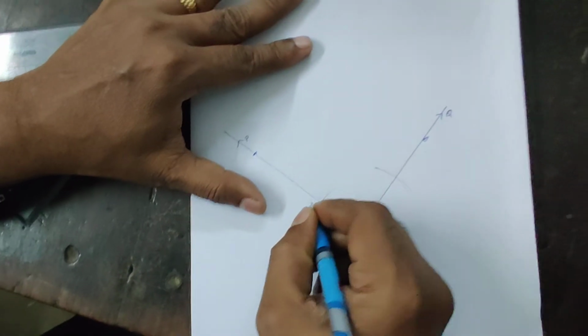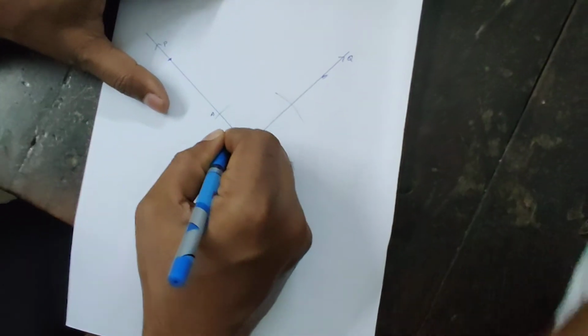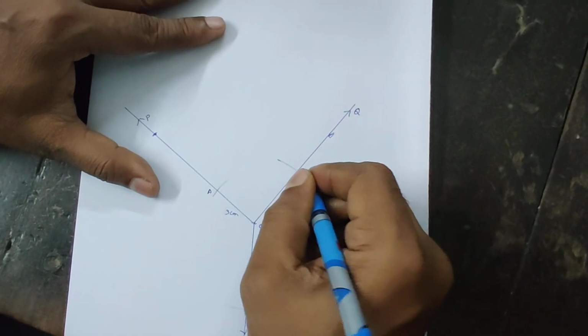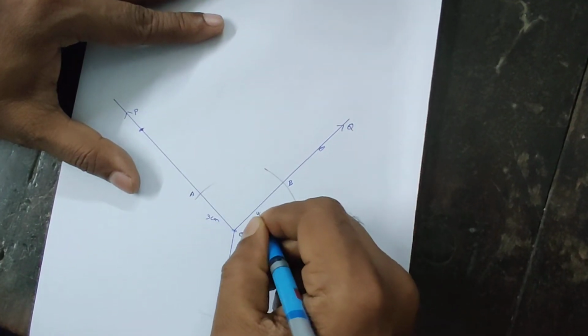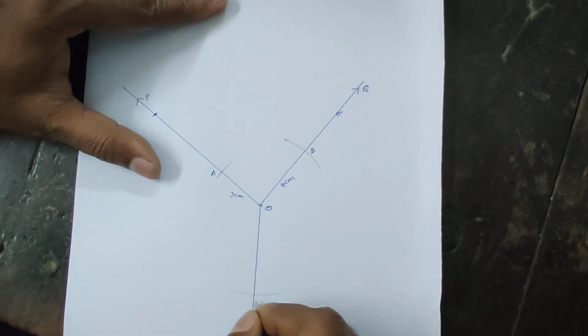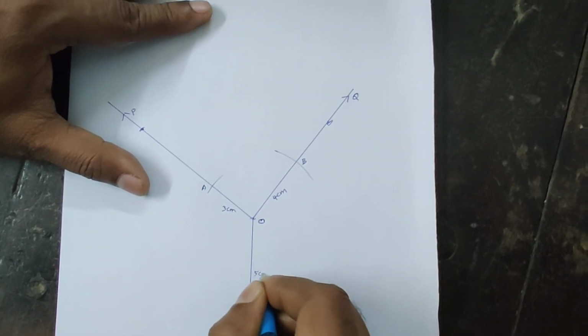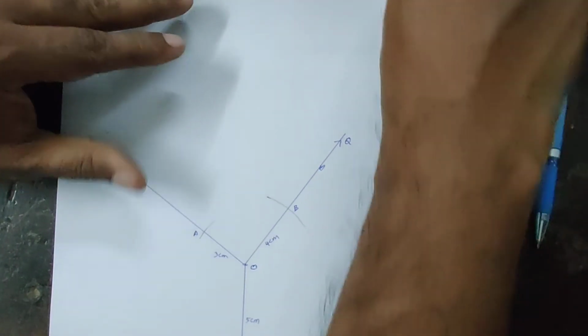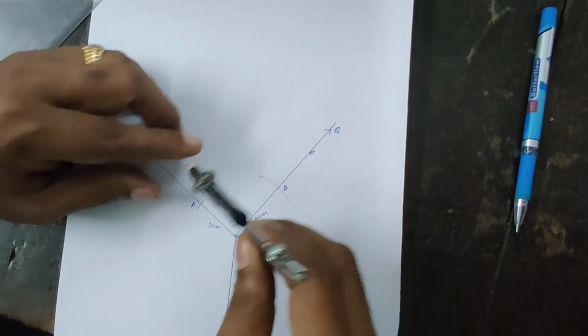So OA 3 centimeter, OB 4 centimeter, OC 5 centimeter. So distance is marked. Now we are going to draw the parallelogram.